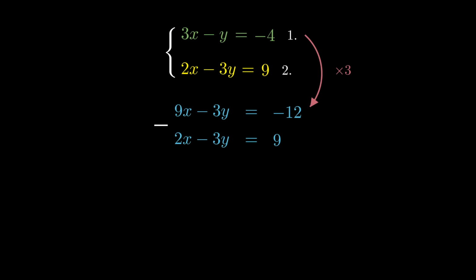Now when we subtract this, we get 9x minus 2x, which is 7x, minus 3y minus minus 3y, the y's will cancel out, and then minus 12 minus 9, we get 7x equal to minus 21. The final step is we can divide both sides by 7, so we get x is equal to minus 3.